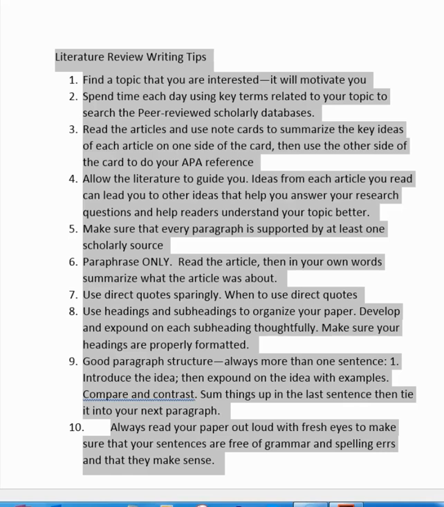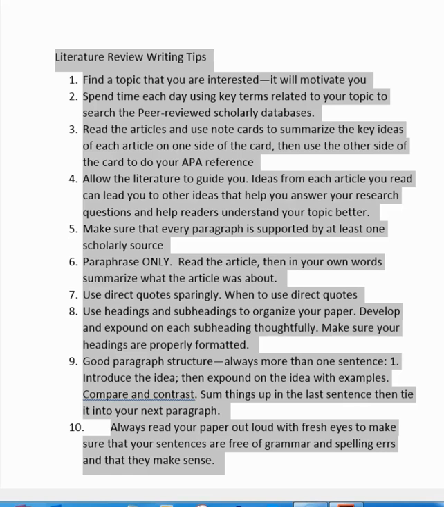The meat and tomatoes and vegetables, maybe cheese, with all that good stuff, are the examples and citations that you're using, comparing and contrasting in the middle of your paragraph. And then the final sentence of your paragraph sums things up, the bottom piece of bread. So think of each paragraph as a beautiful, delicious sandwich that makes you want another sandwich. So it kind of ties into the next paragraph. So good paragraph structure is always more than one sentence.